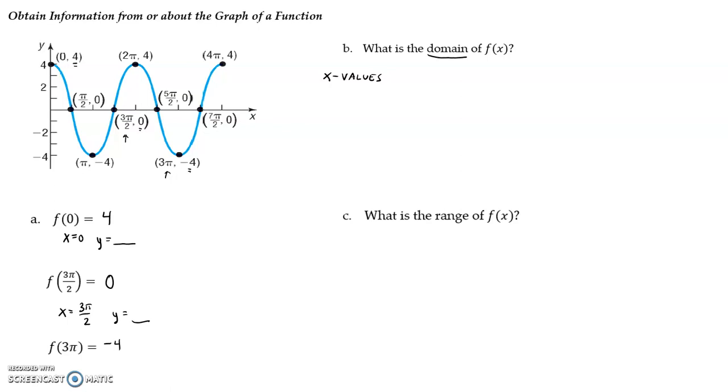You might also see this referred to as the inputs, or the independent variables. And if we're taking a look at the picture of a graph, we want to ask ourselves, how far left and right does this graph go?